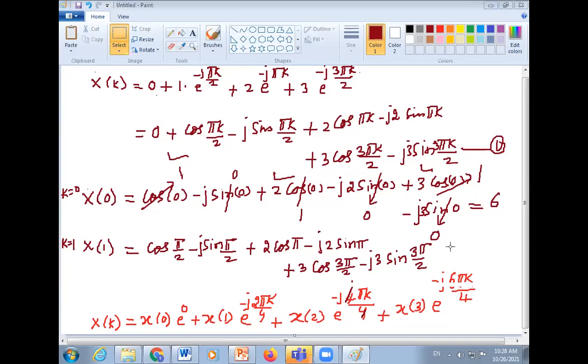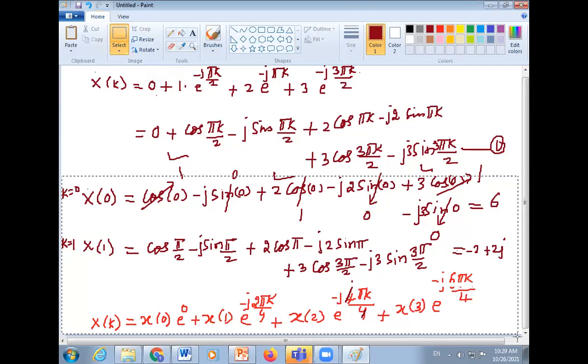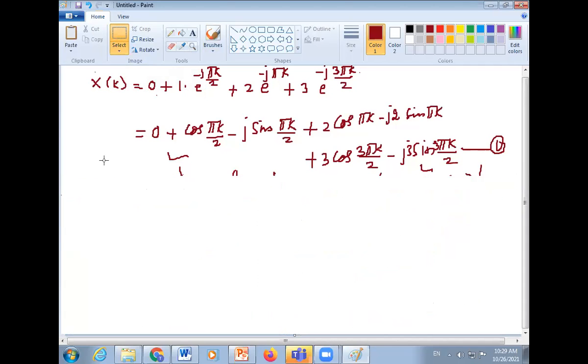Okay, so this will be equals to -2 plus 2j. Then next, you just put the value. K equals to कितना करना है अभी? Next we have to go for K equals to 2. We have to solve for K equals to 2.